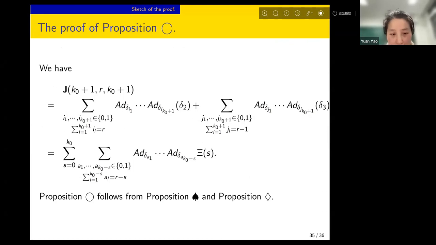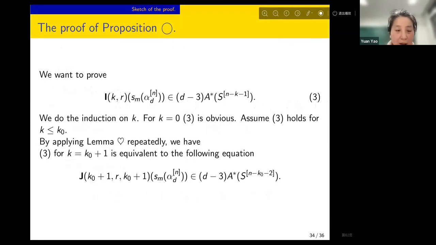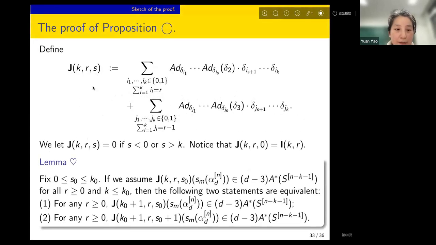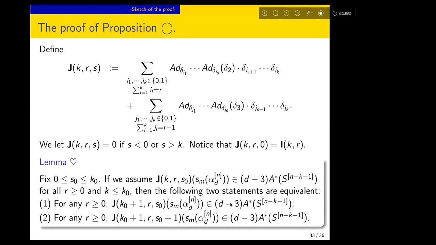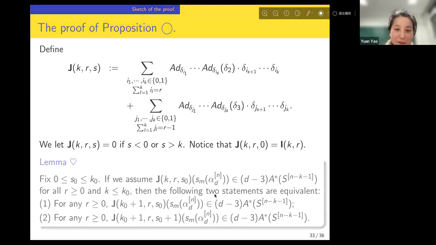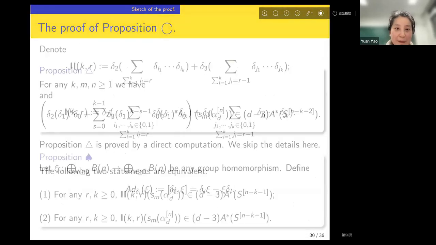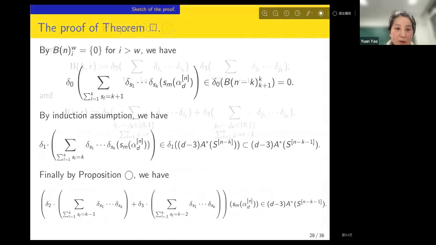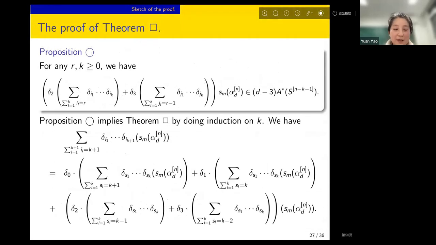In particular, I_KR is a special case of this J_KRS. So I_KRS on any Segre class for this alpha_d, you get the factor d minus 3. Now this is our proposition, which proves the theorem, which proves the Main Theorem.